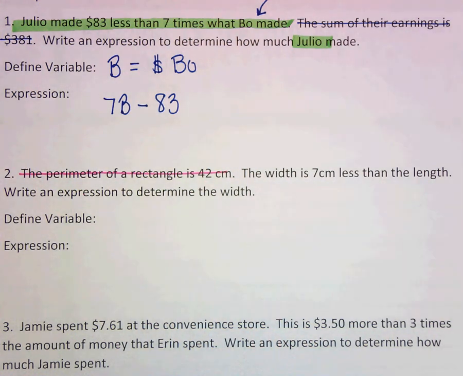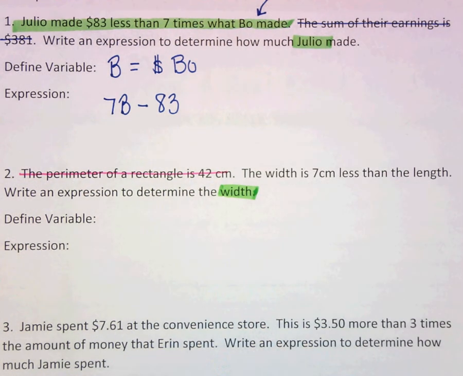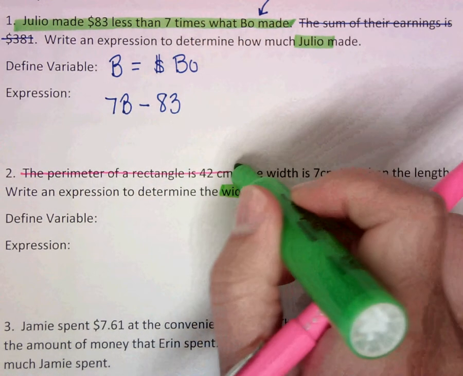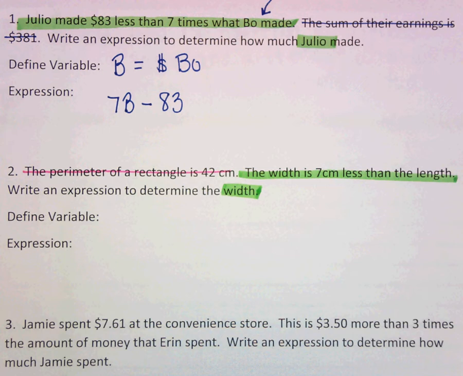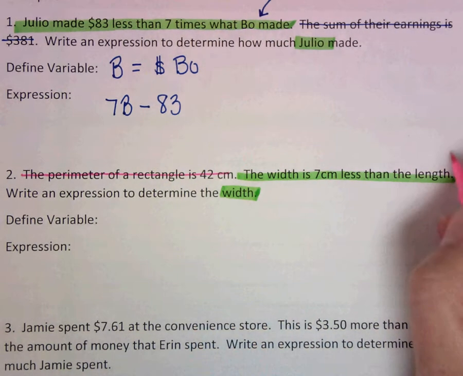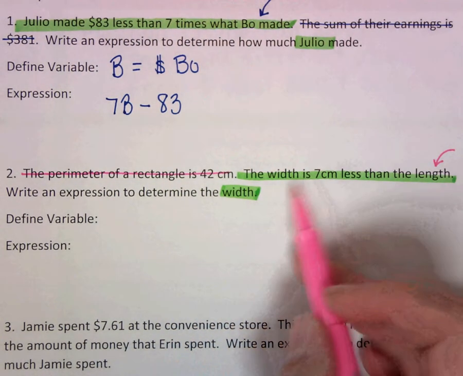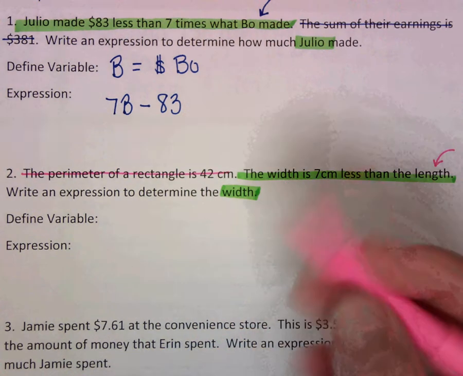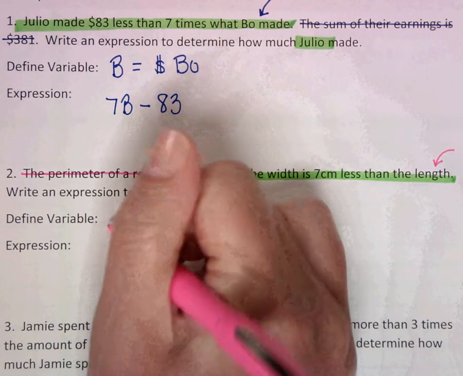Now, let's look at this sentence. We're trying to define or describe the width. Notice it says the width is 7 centimeters less than the length. So we're using the length to describe our width. But we don't know what the length is, right? So our length is unknown.